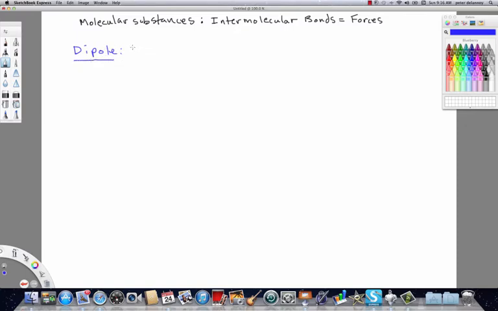Now, the dipole force is a force that exists in molecules that have structural dipoles.